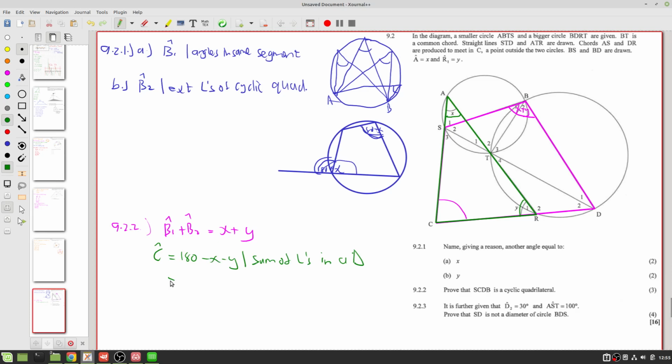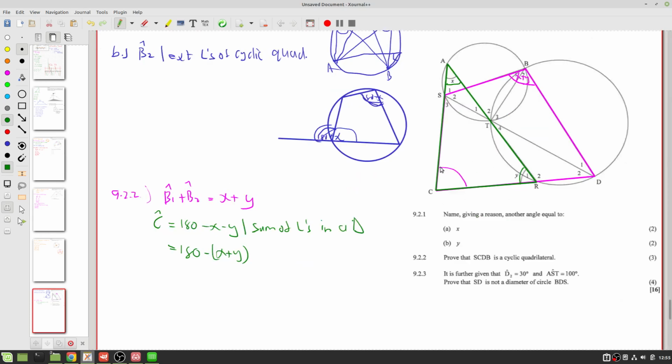Now let's just rewrite that by factoring out a minus 1. So it's 180 minus (X plus Y). Okay, so now we can see if angle C, 180 minus (X plus Y), and these two together make 180, it's a cyclic quadrilateral. So let's see what it gives us. Angle B1 plus B2 plus C, let's check.